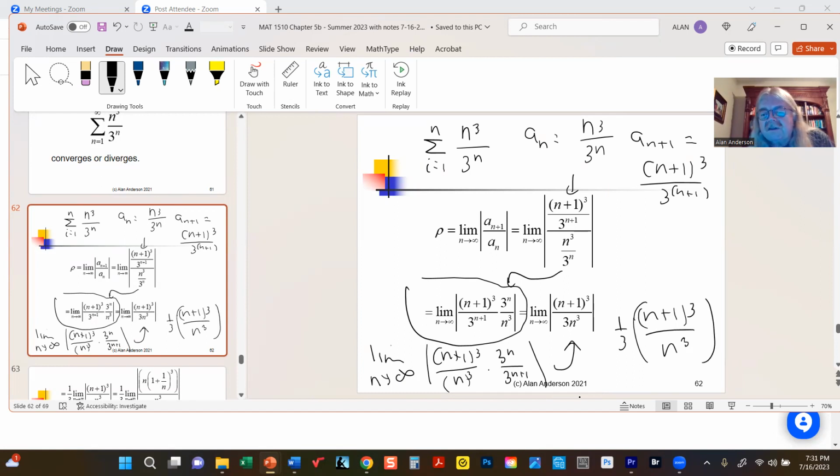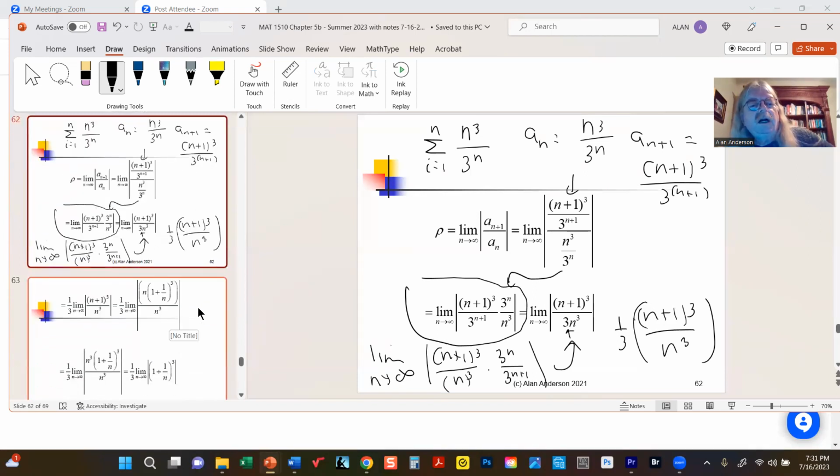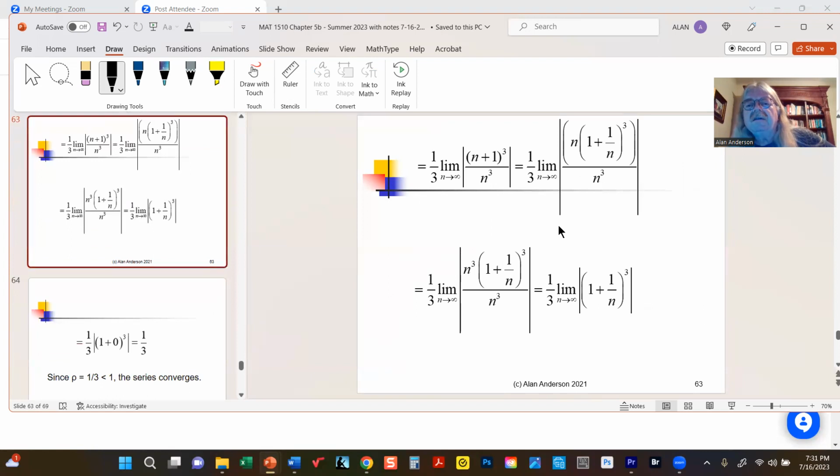So the 3 got moved inside here, as you can see. You could easily write it as (n+1) cubed over 3n cubed. Anyway, let's take the limit. By the way, you can still move this 1/3 outside of the limit. So let's try that.